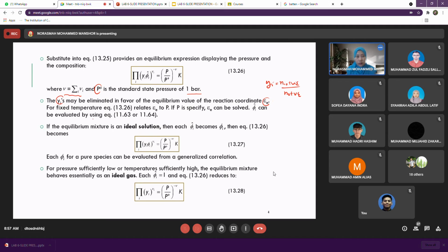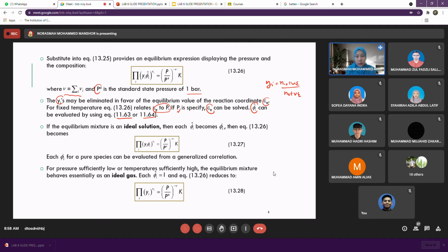For fixed temperature, equation 13.26 relates the reaction coordinate epsilon E to P. If P is specified, you know the P, so you can solve the reaction coordinate epsilon E. The fugacity coefficient Vi cap can be evaluated by equation 11.63 for binary mixture or 11.64 for multi-component mixture.